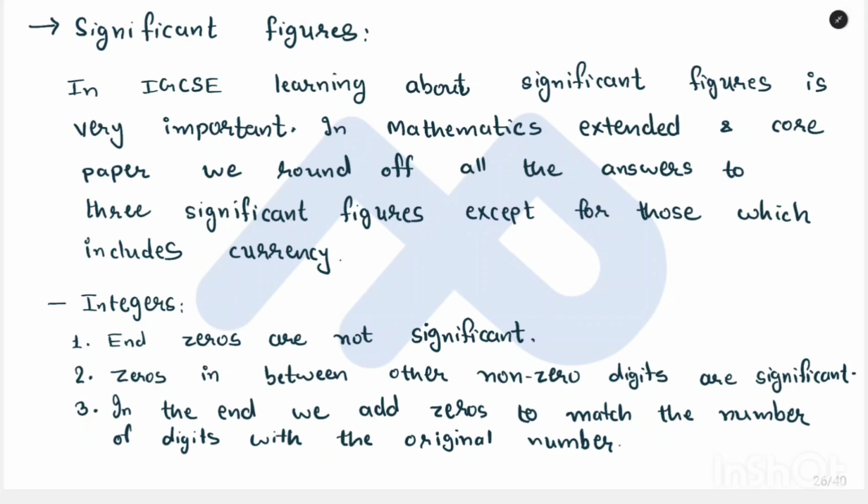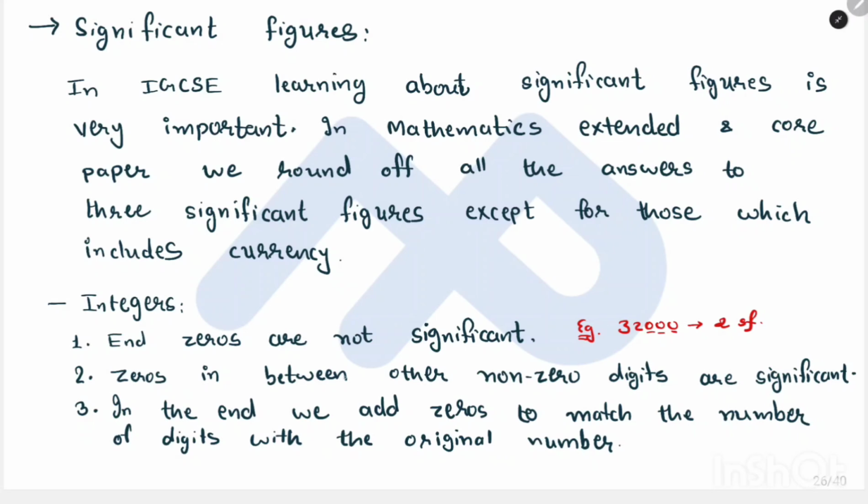For example, it is given 32,000, but these 3 are end zeros, so they are not considered significant. So 3 and 2, only 2 significant figures are there, so this is called 2 SF. This number is rounded off to 2 significant figures.